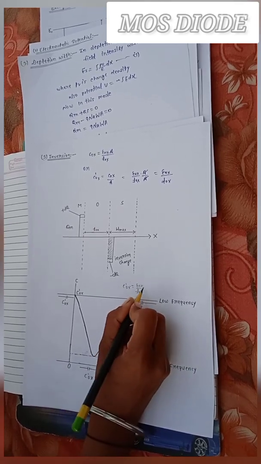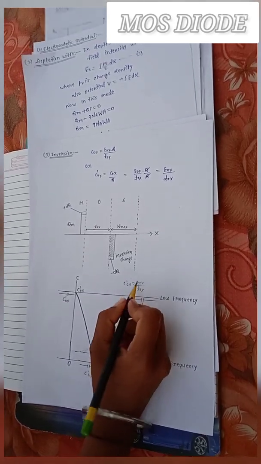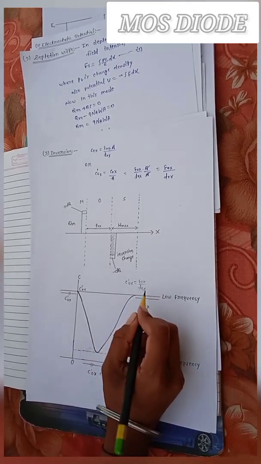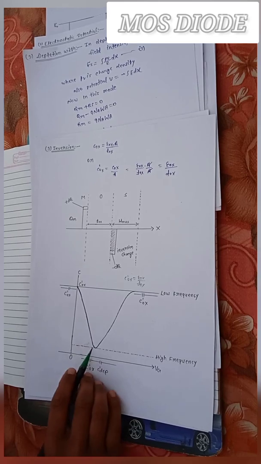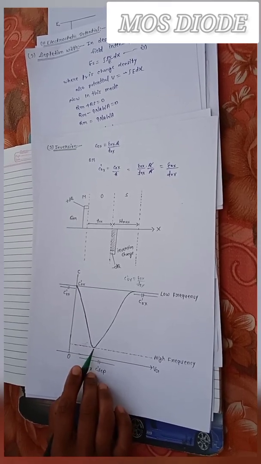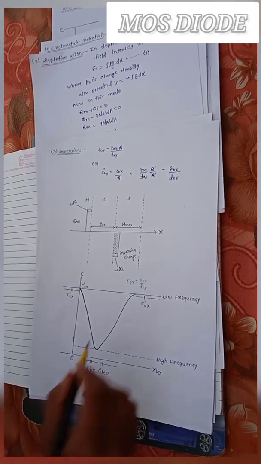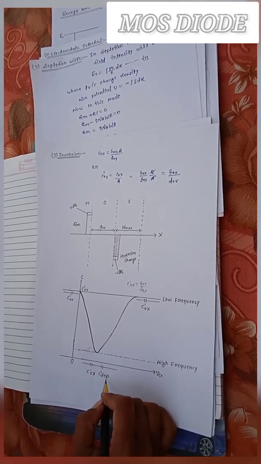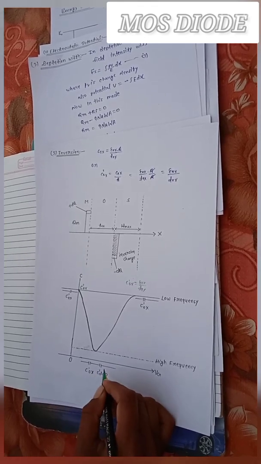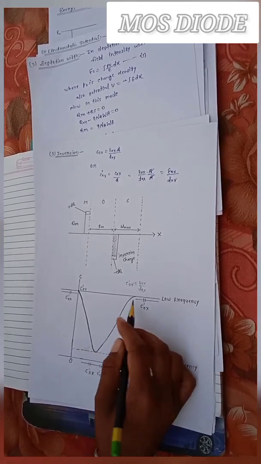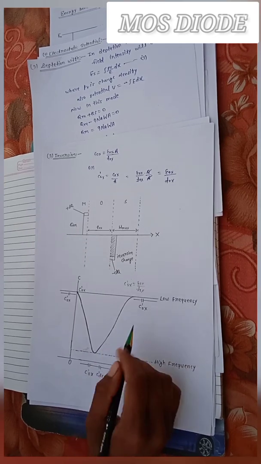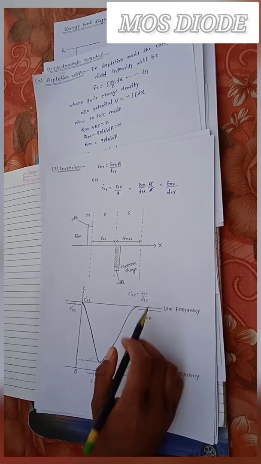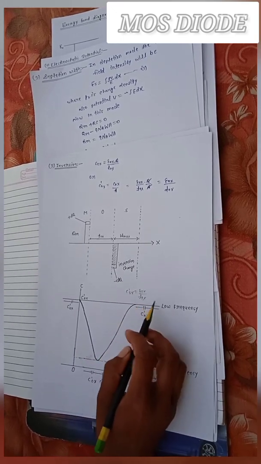So epsilon ox is the dielectric permittivity of the medium, and Tox is the thickness of oxide, and this point is depletion, where we have Cox prime and C dep prime in series, and then this point is inversion, where Cox prime is epsilon ox upon Tox, constant.